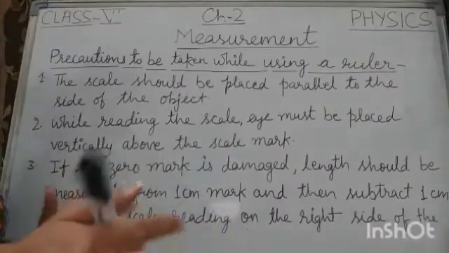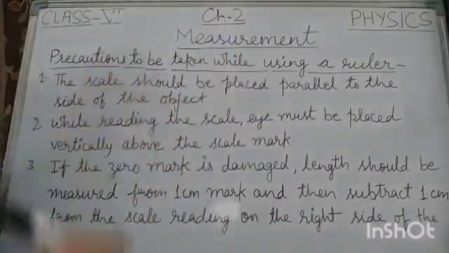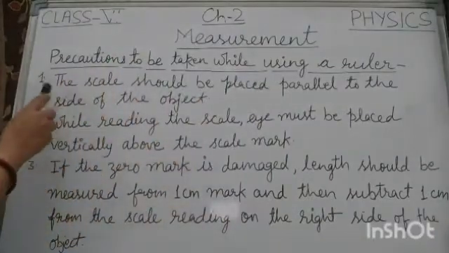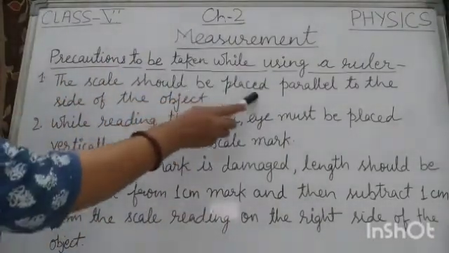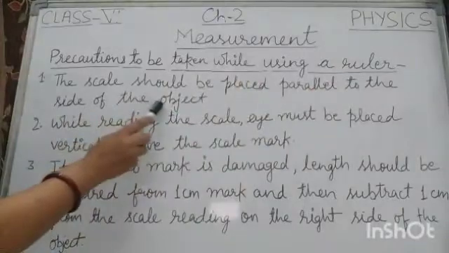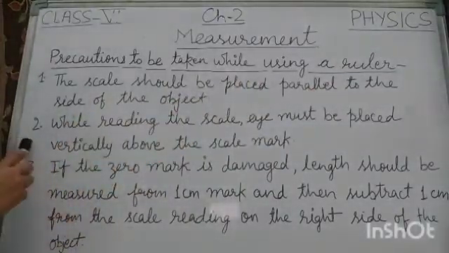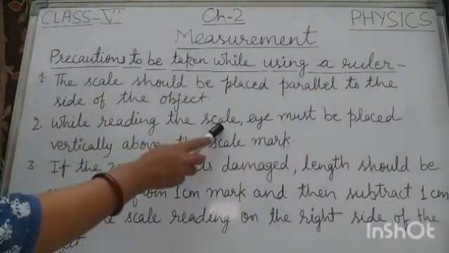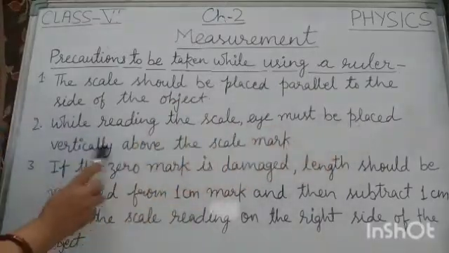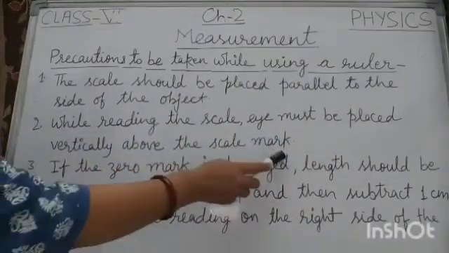So children, let's revise all the precautions one more time. First one is, the scale should be placed parallel to the side of the object. Second one is, while reading the scale, your eye must be placed vertically above the scale mark.